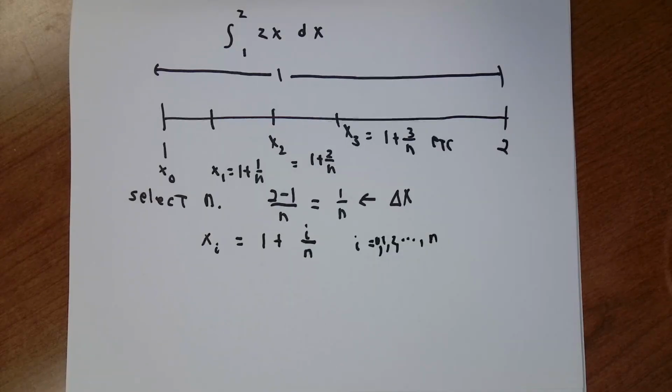Hopefully it's pretty clear that x number i is 1 plus i divided by n.